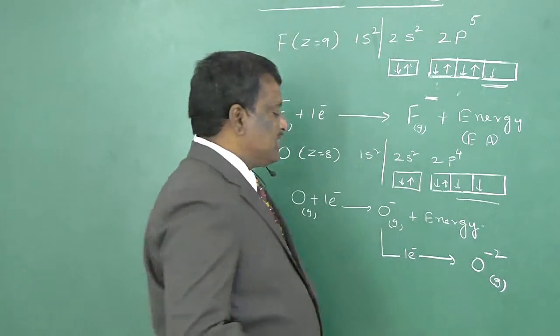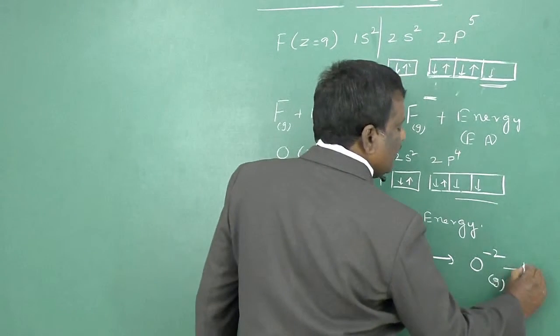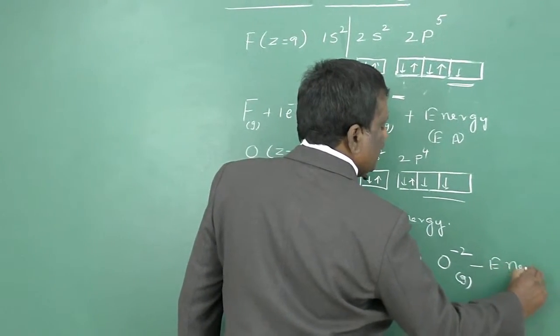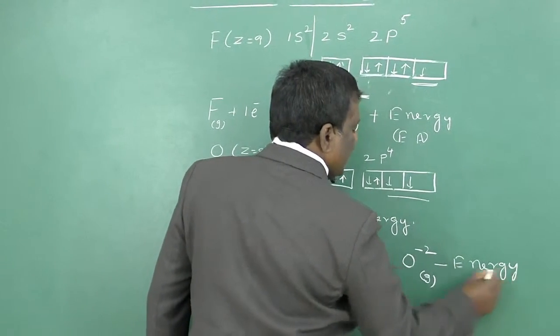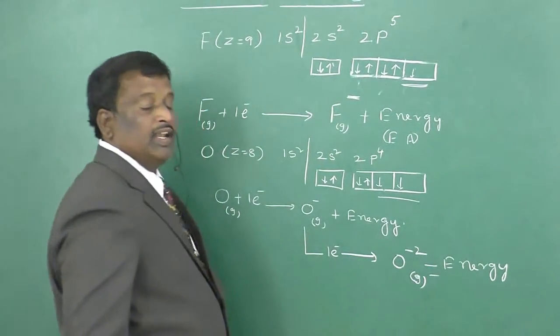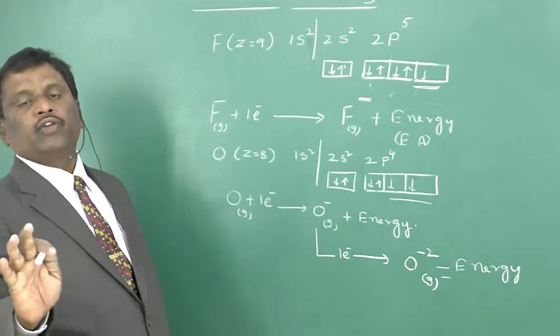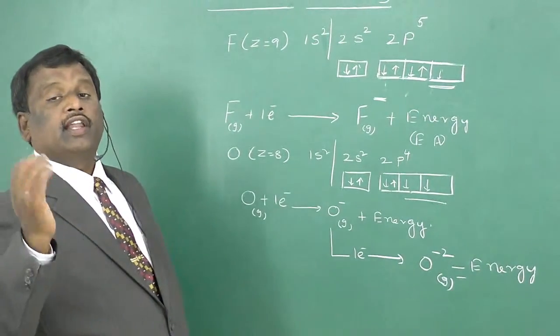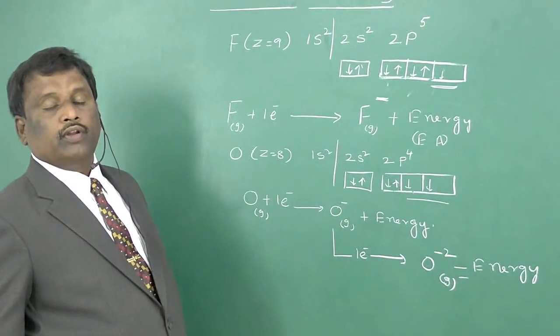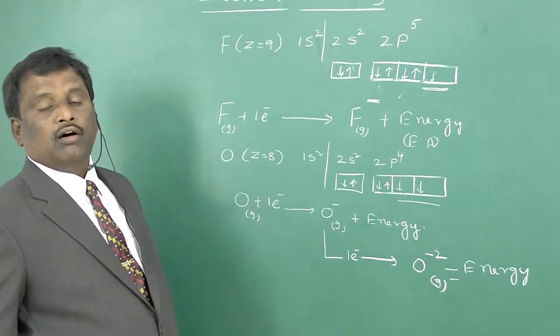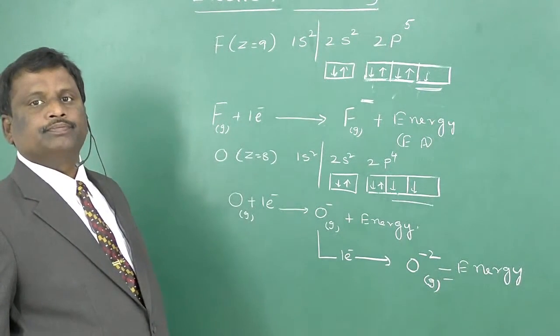That is why the second electron affinity value is endothermic, a minus energy. Energy is absorbed. Not only for oxygen, for any atom, second electron affinity values are endoenergetic.